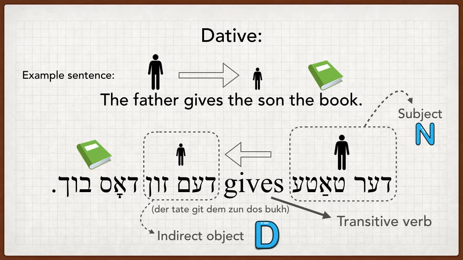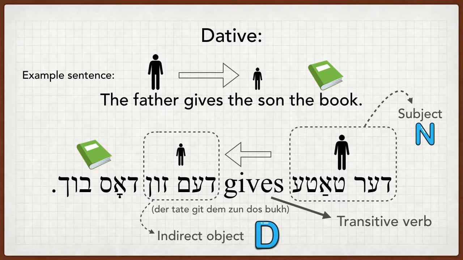And in English, you can say this with "gives to someone." But in Yiddish, there is no need for this little "to" word because the dative on its own already expresses the action of being given to. Therefore, it would be illogical to say it twice, because otherwise it would sound something like "the father gives the book to to the son." You don't need it twice.